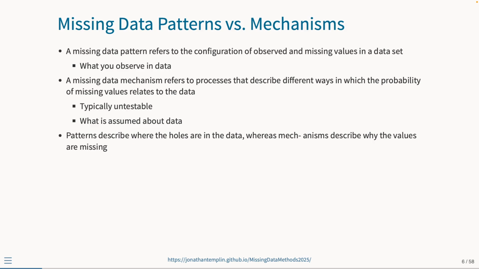A missing data mechanism is actually the process that describes the different ways in which the probability of missing values relates to your data. Now, this is a weird construct. Think about it this way.